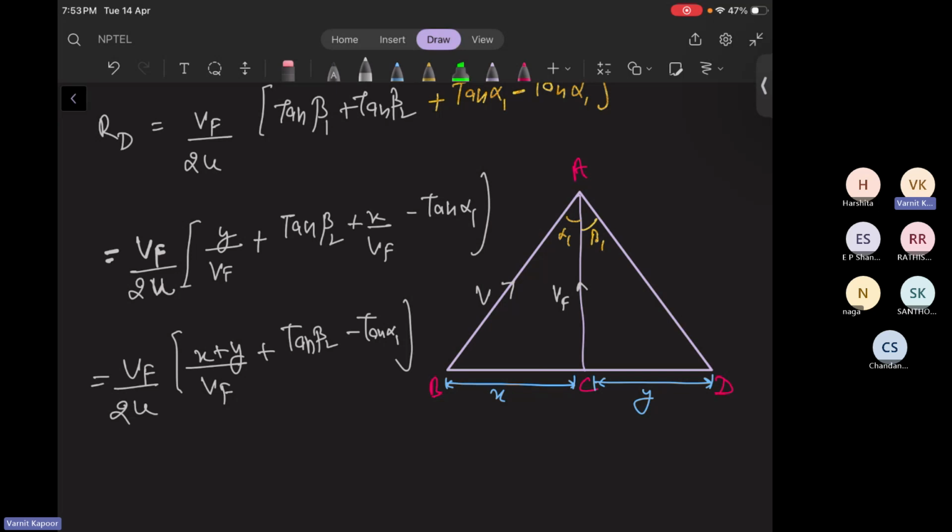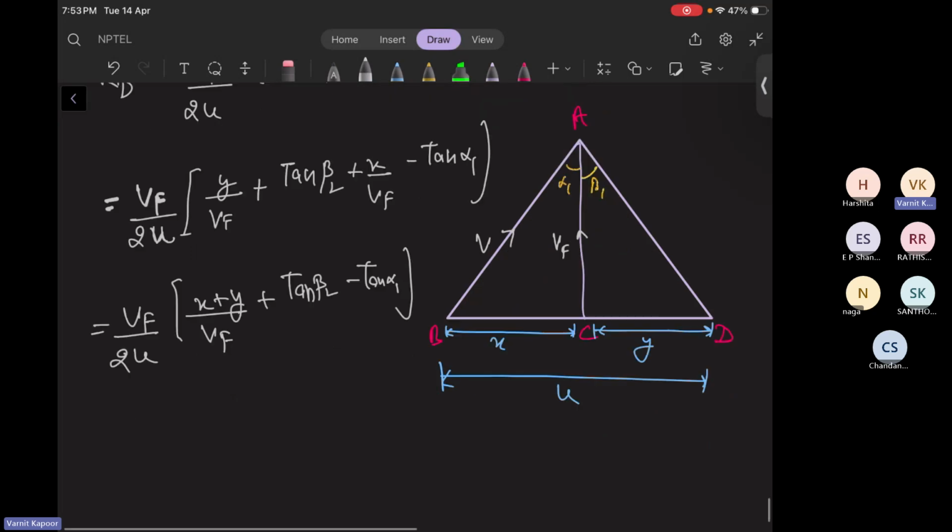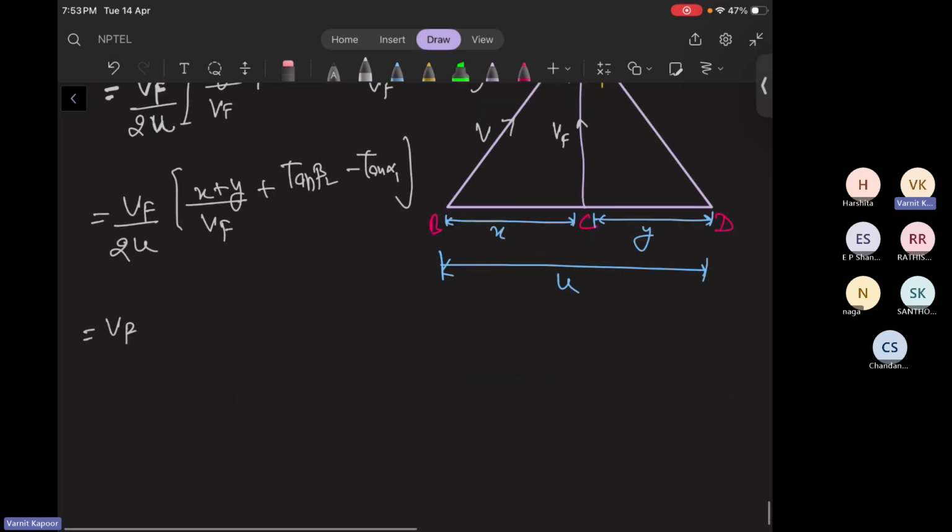X plus Y is nothing but your complete U. So it is VF by 2U times U by VF, plus tan beta 2 minus tan alpha 1.